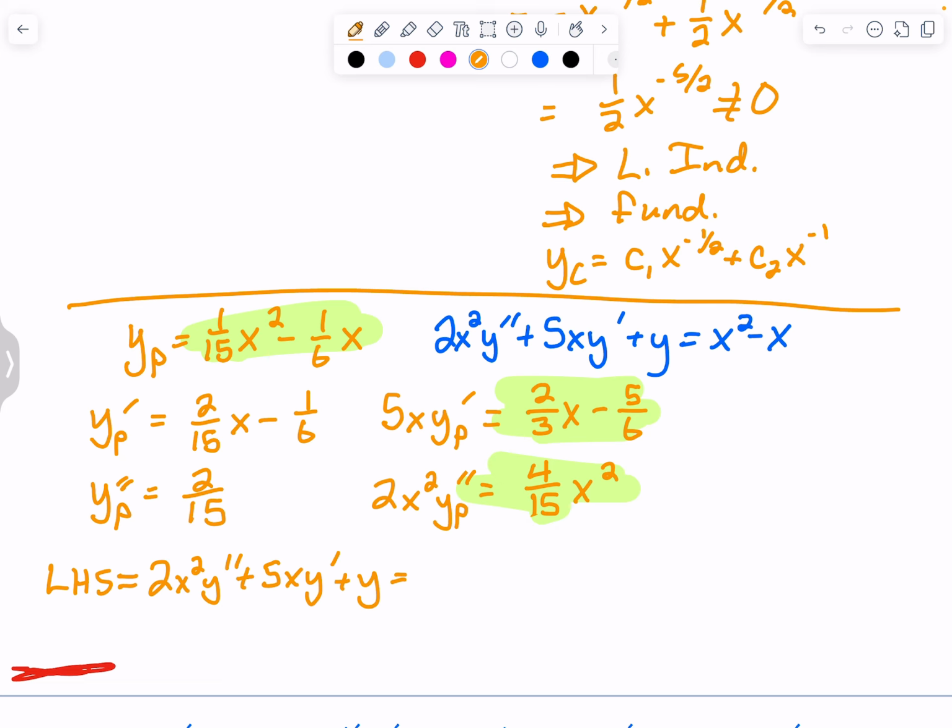I feel like I'm missing something. Oh, this should be an x squared and this should be an x. I never multiplied it through. There we go, that fixes things. I was kind of panicking. So 1/15 and 4/15 is 1/3, plus the 2/3 gets me x squared. And then negative 1/6 and negative 5/6 gives me a negative x. And we have verified that our general solution is y sub c plus y sub p.